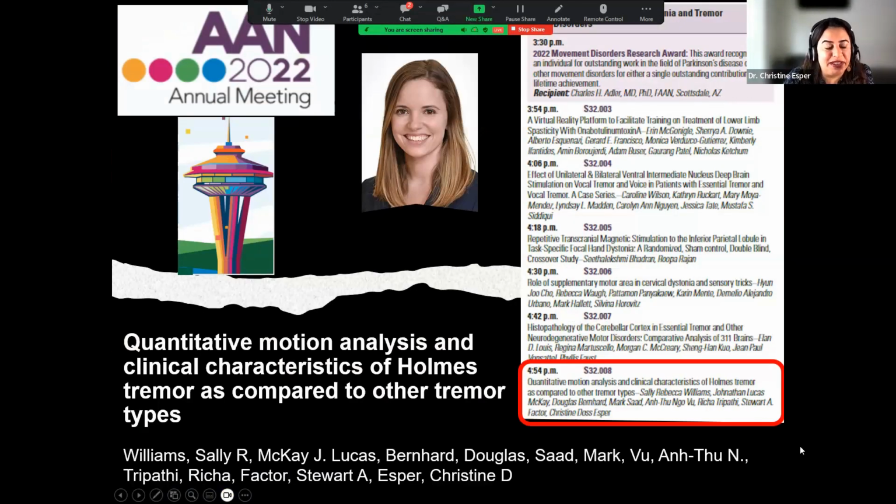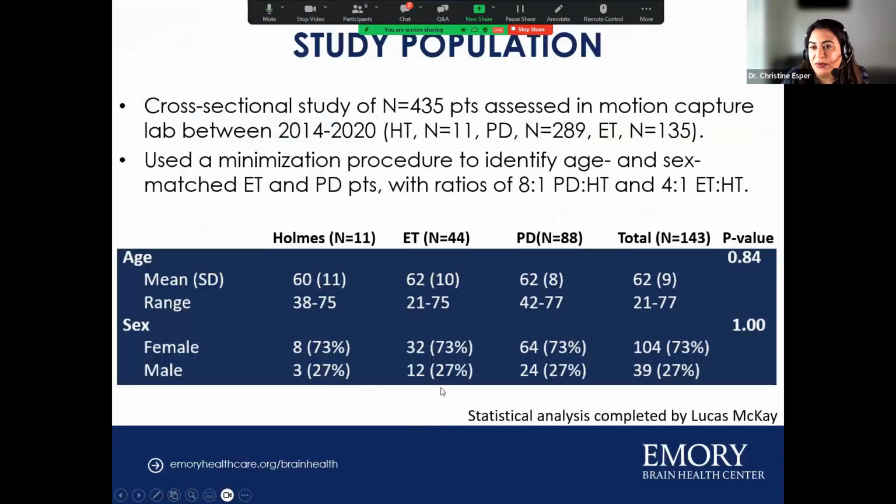So we actually presented this information at last year's 2022 American Academy of Neurology, and our presentation was selected as a platform presentation. We had a resident present the quantitative motion analysis of clinical characteristics of Holmes tremor as compared to other tremor types. We looked at our population of Holmes tremor as captured in the lab from 2014 to 2020.